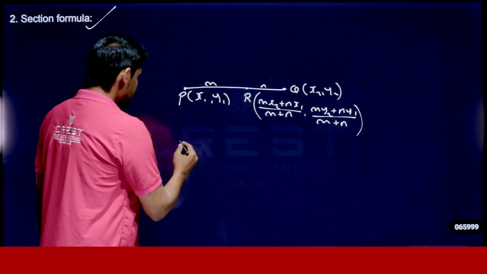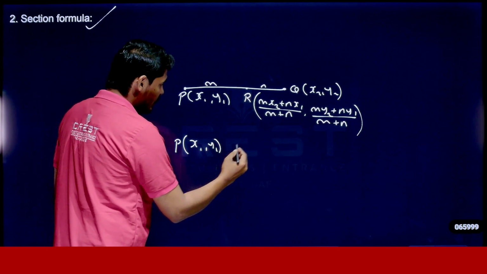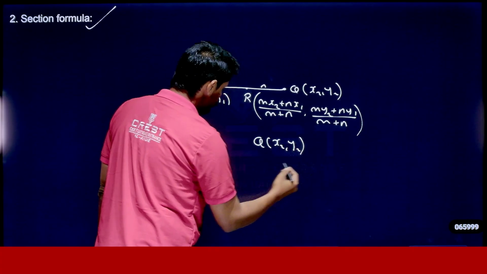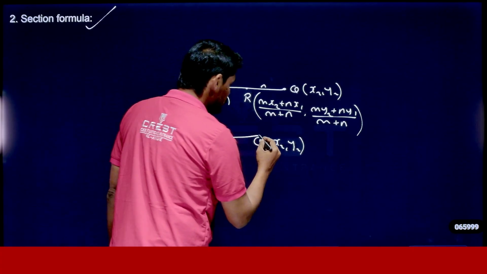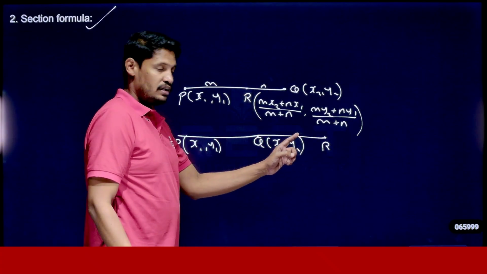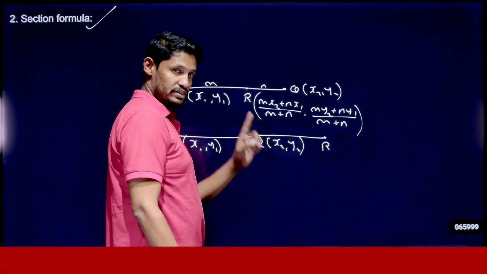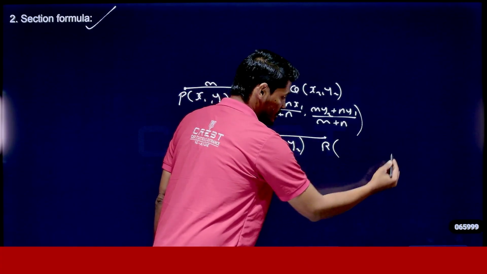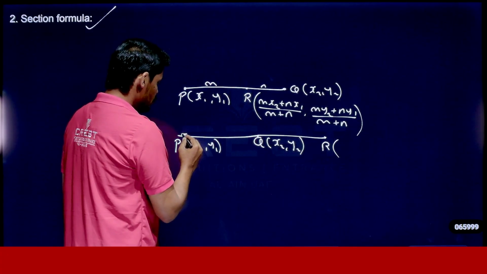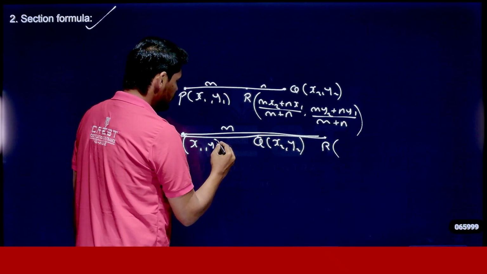When we have a point P (x1, y1) and a point Q (x2, y2), and a point R on the external, so outside of the line segment, what is this coordinate? The ratio given is P to R is m and P to Q is n.